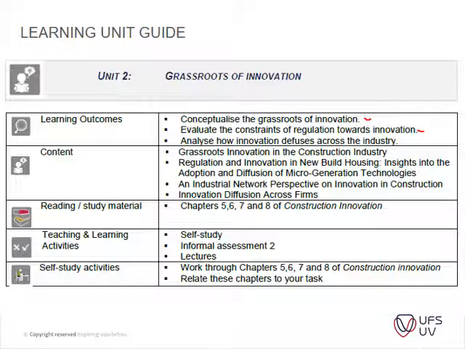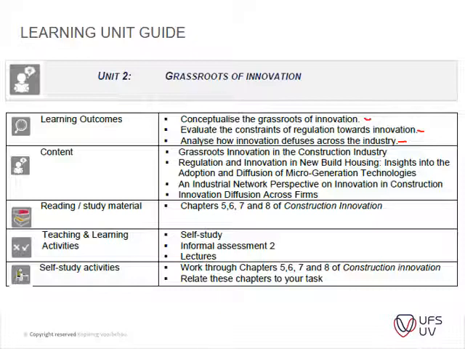For instance, you can't suddenly try a new construction method that the NHBRC might put a stop to, or it might not be safe. Like, for instance, if you want to try and use bamboo scaffolding in South Africa where it's not used readily, you might have trouble getting that signed off. Okay, so analyze how innovation diffuses across the industry. This is going to be a very important focal point.